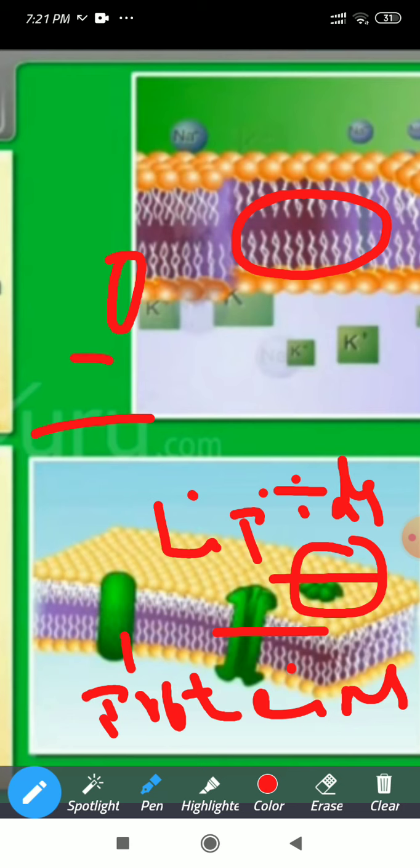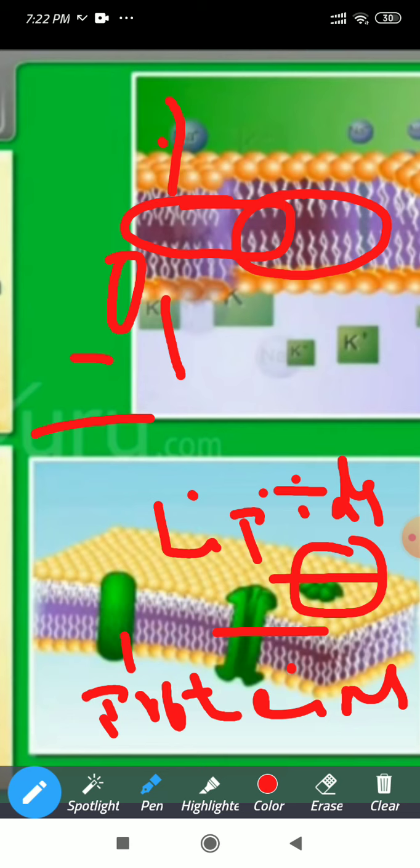Why do we call it sandwich? All of you have an idea about a burger: between the two breads there is some stuff. Like that, here this is one layer and this is another layer, and we can assume them as the breads, and between them are the proteins, which we can assume as the stuff. So, sandwich or fluid mosaic model.